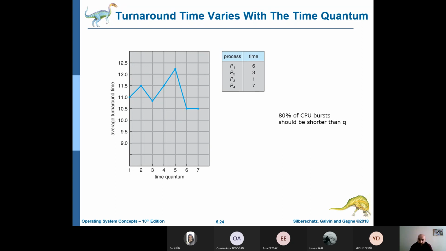So the general rule: 80% of the CPU bursts should be shorter than the time quantum. That means 80% of your processes will be completed, will terminate in just one quantum. So your round-robin algorithm can work effectively in that way.